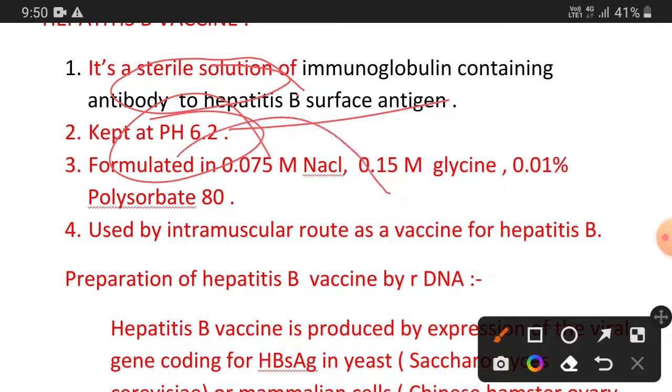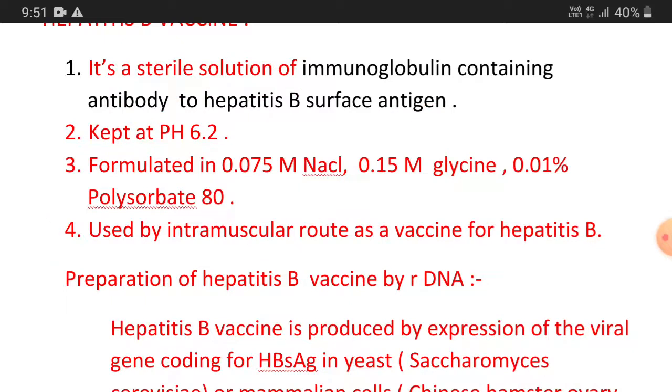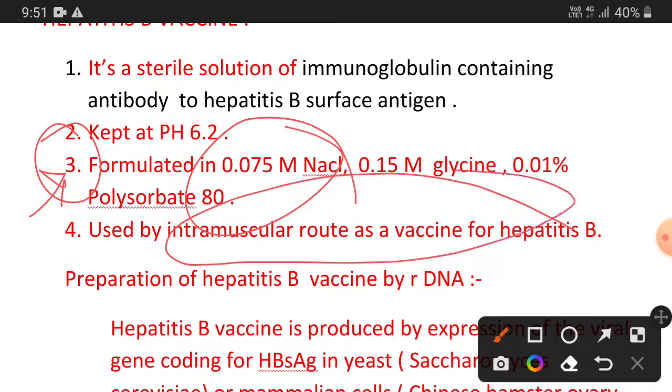They are 0.075 molar NaCl, 0.15 molar glycine, and 0.01% polysorbate 80, and we will use this solution by intramuscular route as a vaccine. What solution we use for formulation of the vaccine is necessary to understand: 0.075 molar NaCl, 0.15 molar glycine, 0.01% polysorbate 80. And we use the intramuscular route for the hepatitis B vaccine.